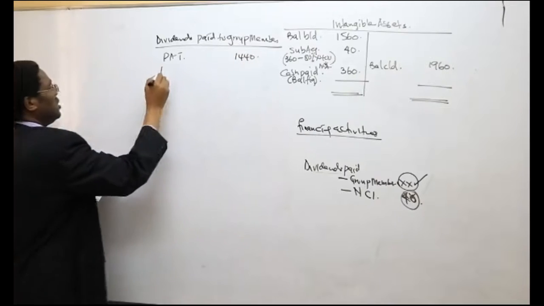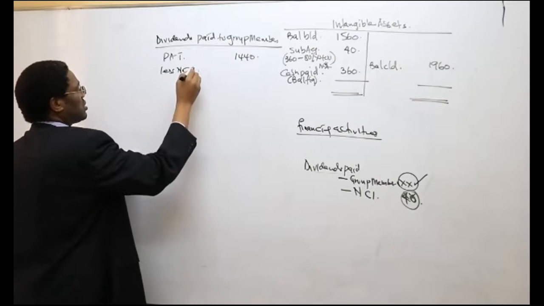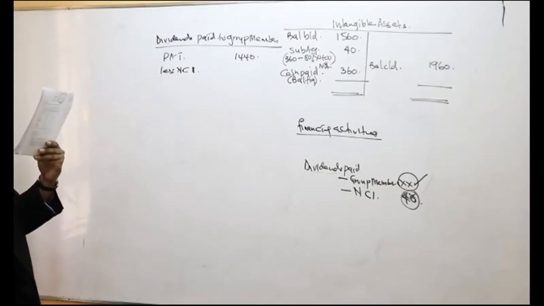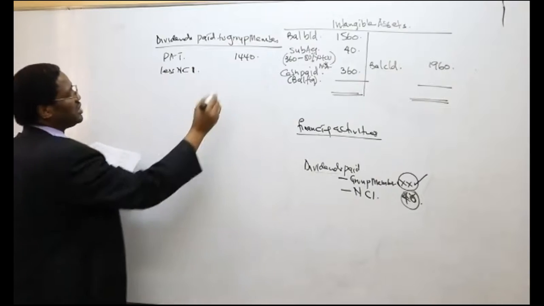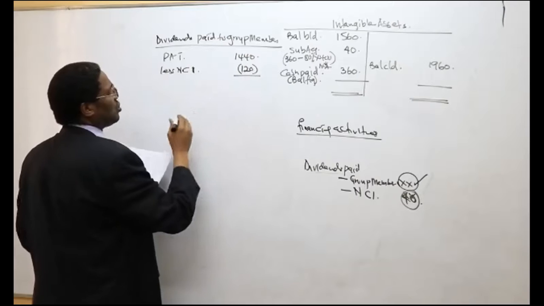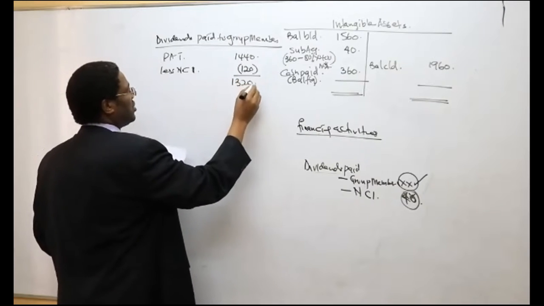Then you less what belongs to the non-controlling shareholders. The non-controlling interests were entitled to 120. So it means as a group, we are now remaining with our profit attributable of 320.